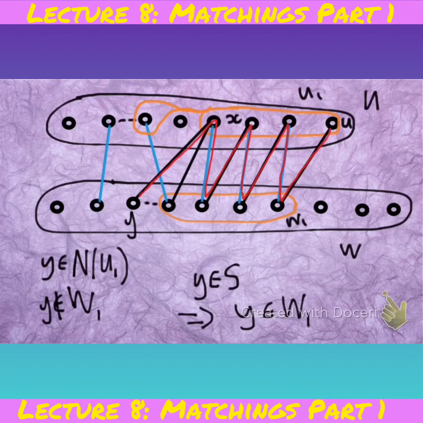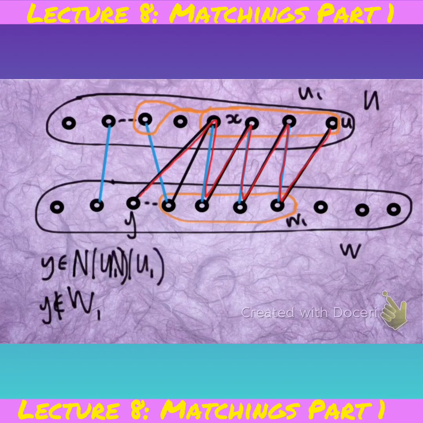Basically, our original assumption that there's a vertex in the open neighborhood of U1 that cannot lie in W1 was incorrect. So it follows immediately that this set here is definitely contained within that set there.